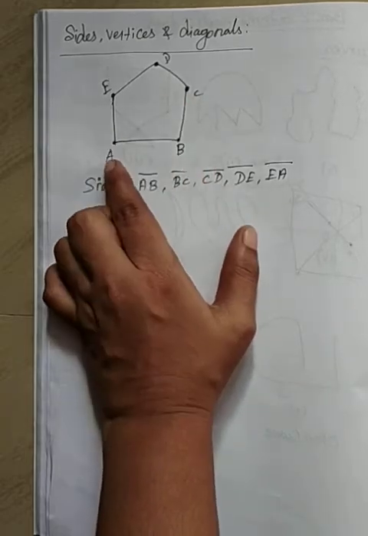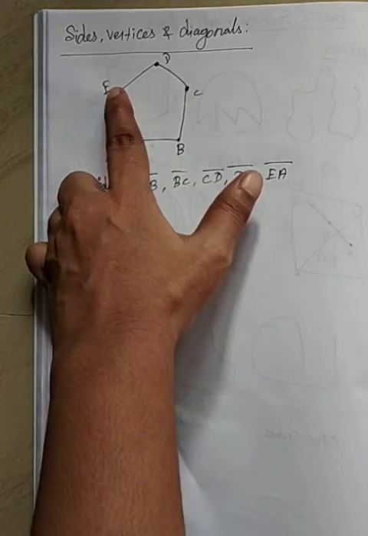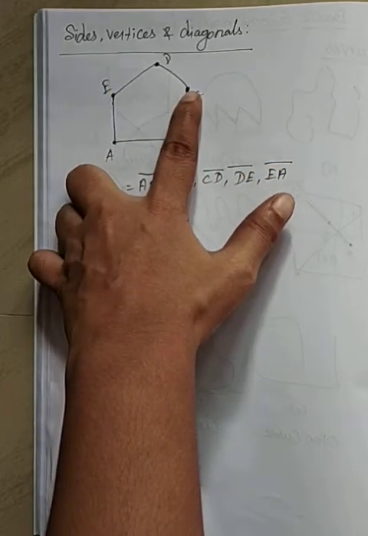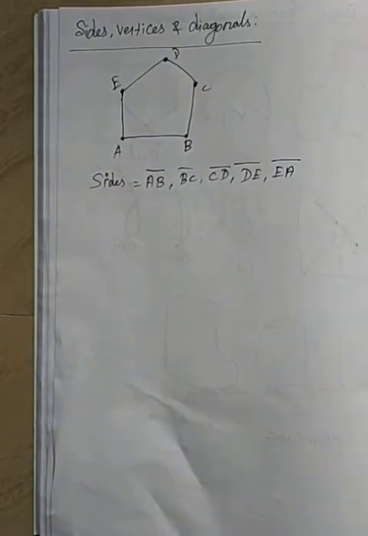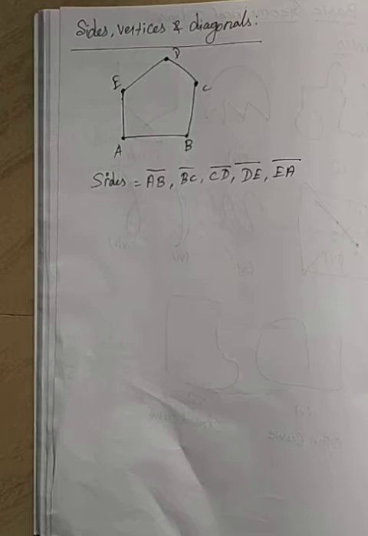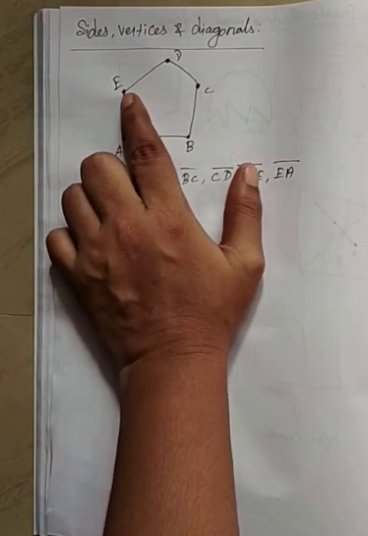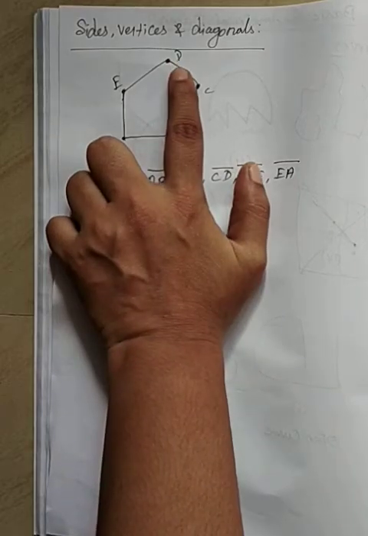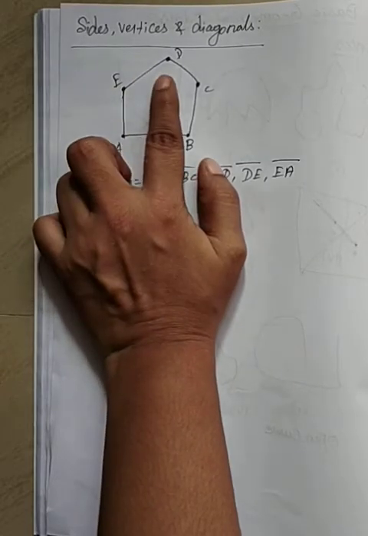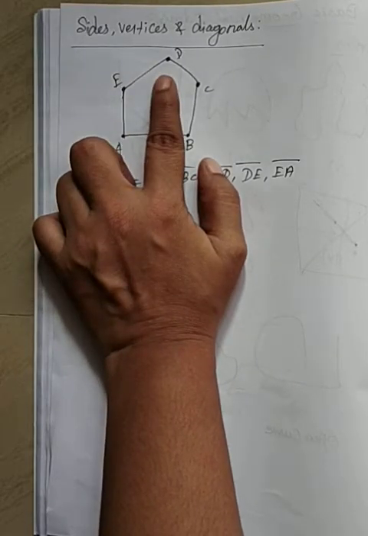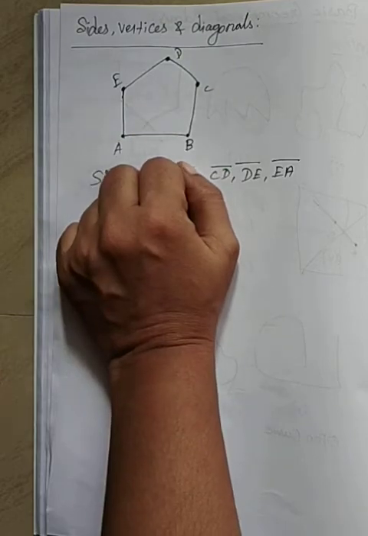How about AE and DC? The end points of the same side of a polygon are called the adjacent vertices. Vertices E and D are adjacent, whereas vertices A and D are not adjacent vertices. Do you see why? Okay.